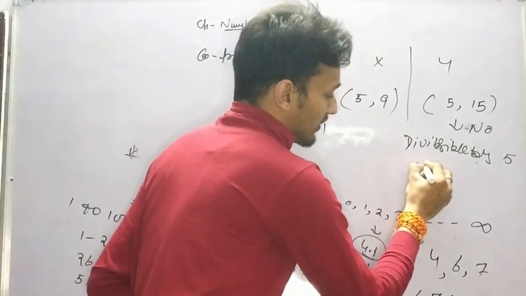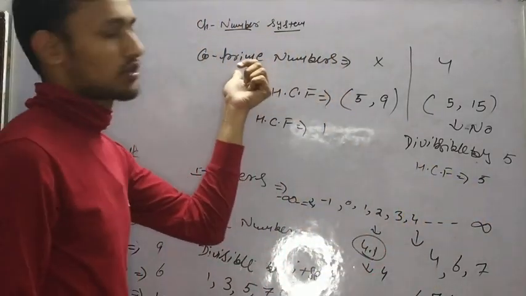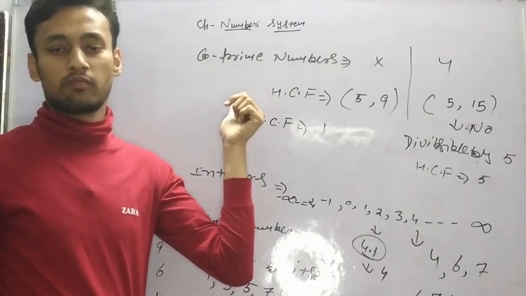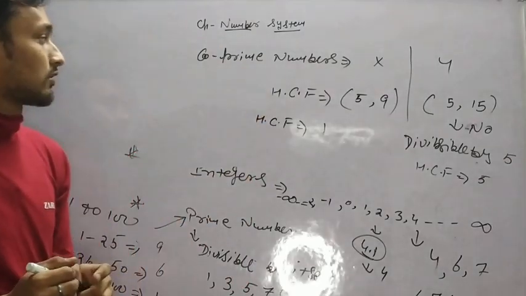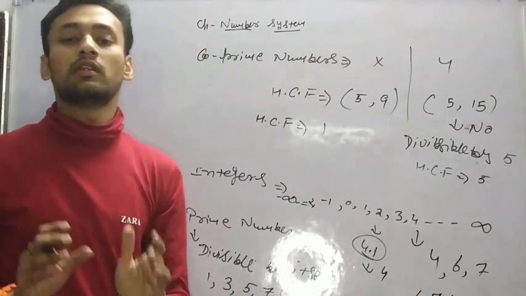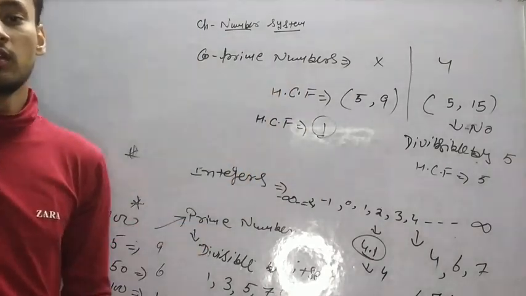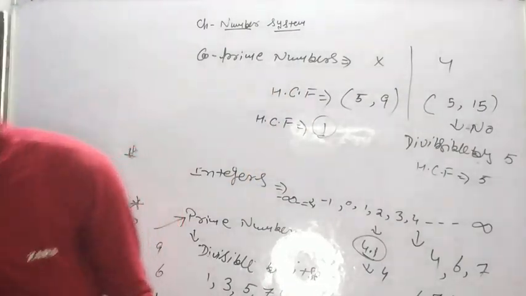Their highest common factor is 5. But as per the definition of co-prime numbers, the HCF should be 1. So co-prime numbers are two numbers having nothing common. The highest common factor should always be 1.